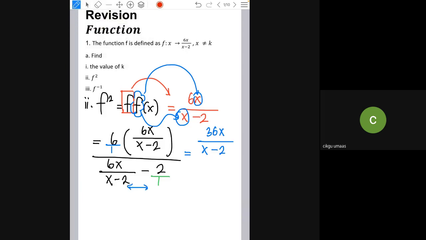Multiply the bottom, then you just cross multiply it. So when I do that, I am going to get the bottom is x minus 2, the top will become 6x, 2x minus 2. Any problem? Check and see. You have a doubt, you're not sure, ask.